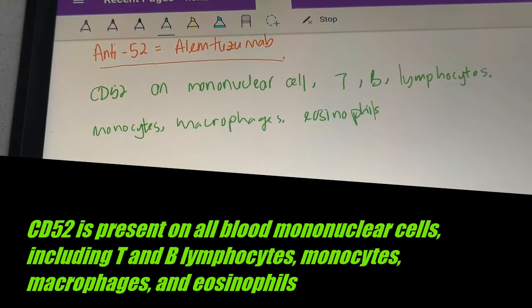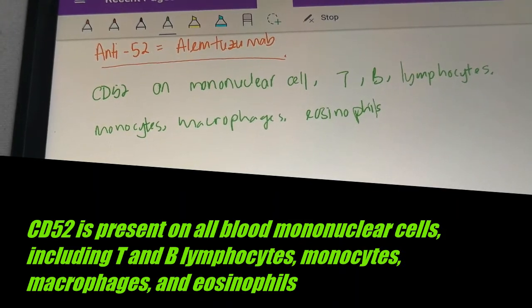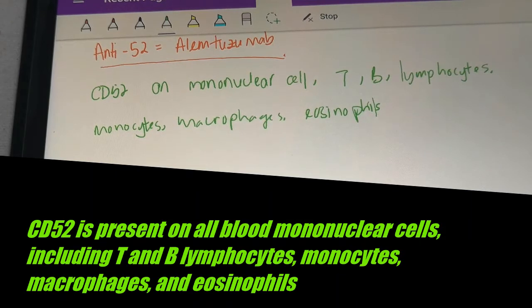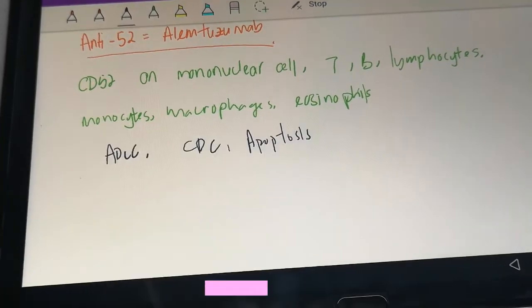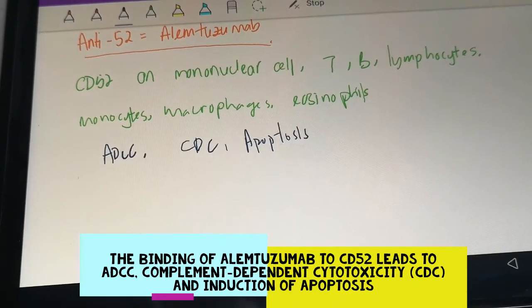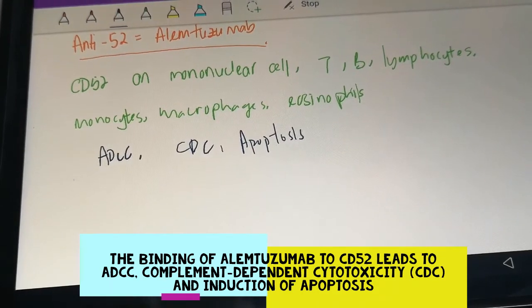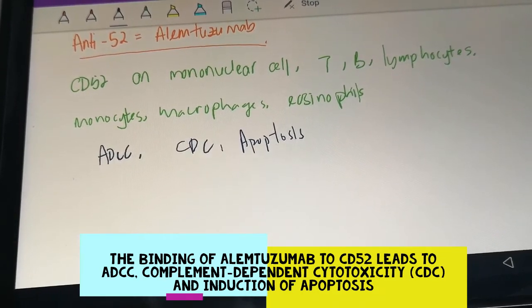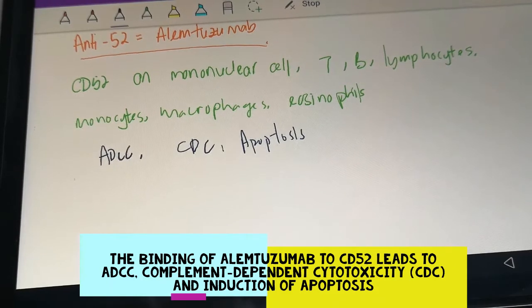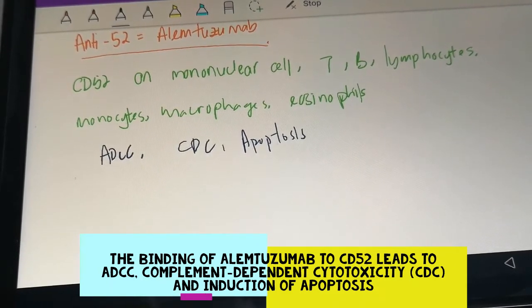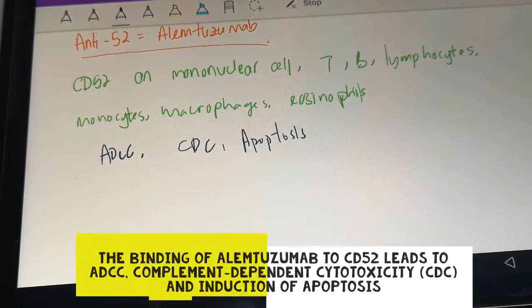CD52 is present on all of the blood mononuclear cells, including T cells, B lymphocytes, monocytes, macrophages, and eosinophils. The binding of the anti-CD52 monoclonal antibody to the CD52 leads to ADCC, complement-dependent cytotoxicity (CDC), and the induction of apoptosis.